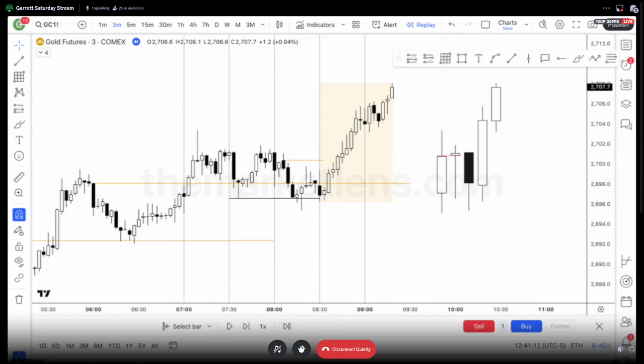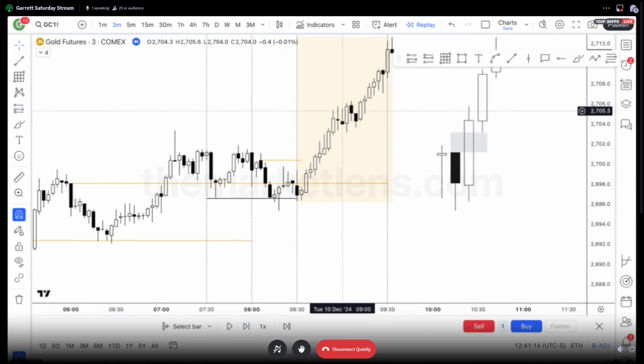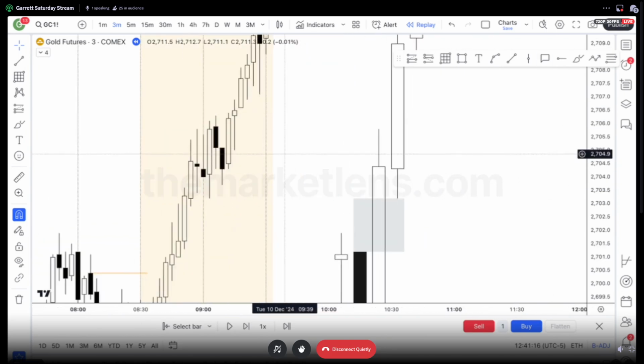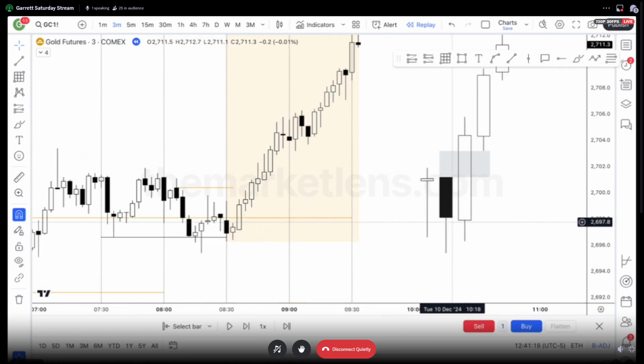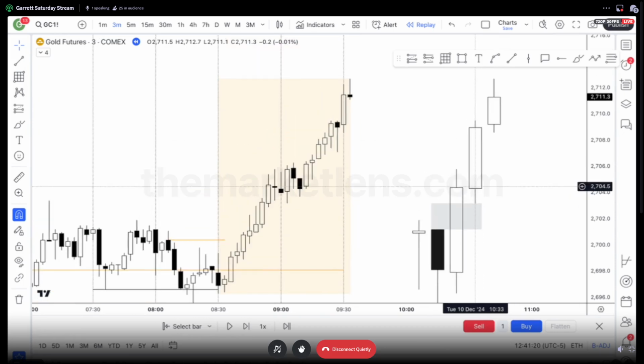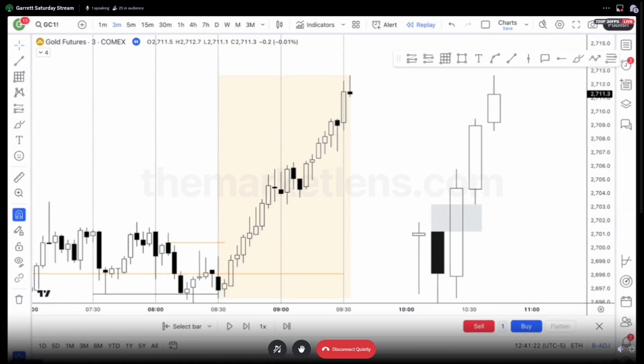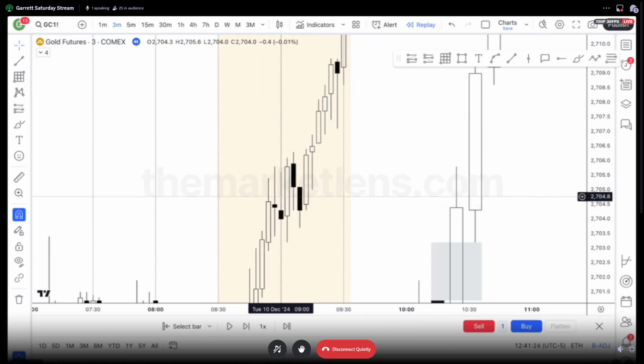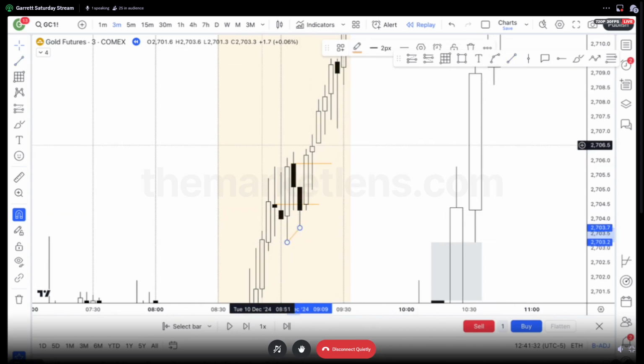Does that kind of make sense? And here, I don't think this is that clean, in my opinion. You get an ideal swing formation here. So candle forks, continuation, but I don't consider this an opposing candle really. Maybe if there's an SMT here or something, I would consider that.